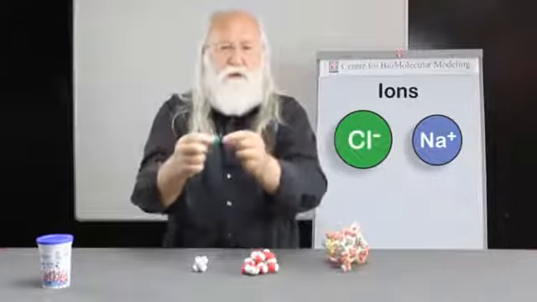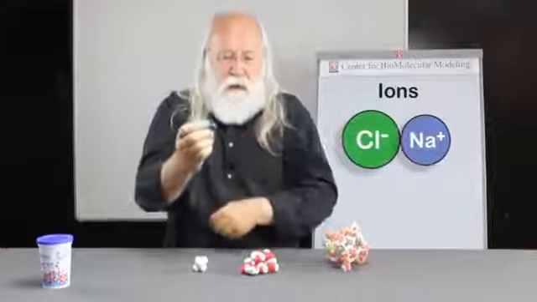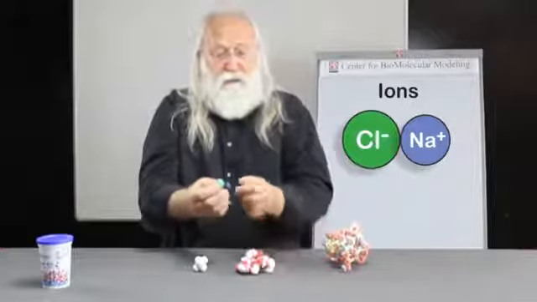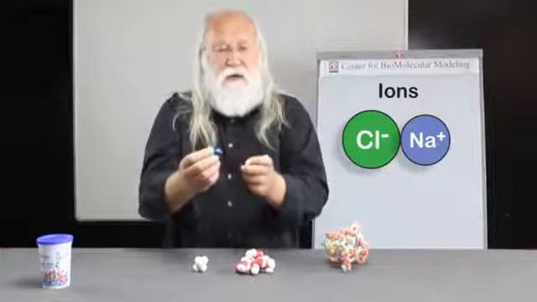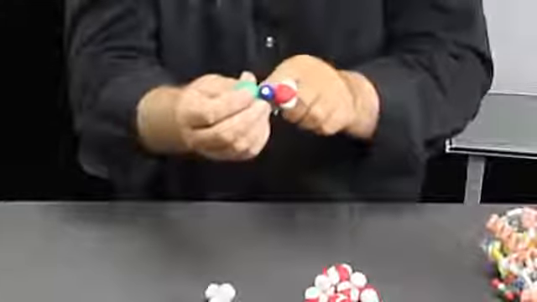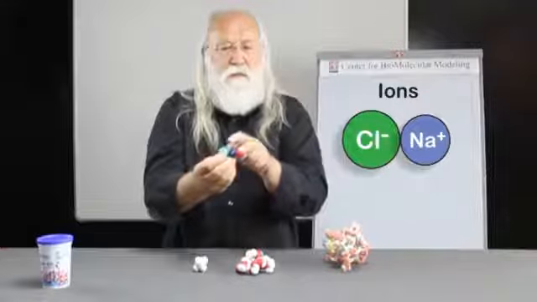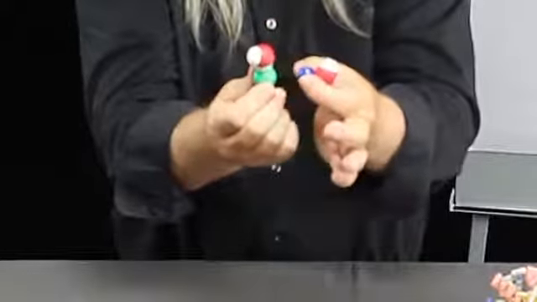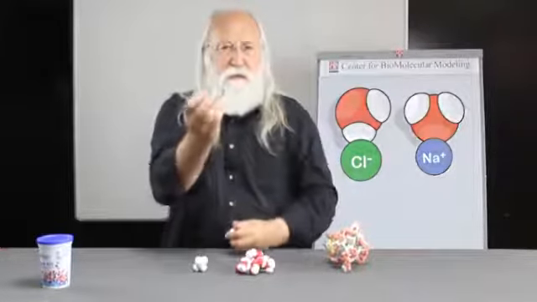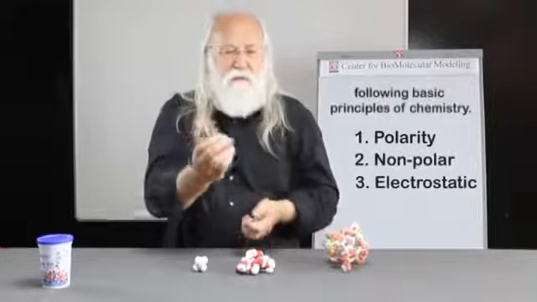So we have sodium chloride, an ion pair, and this is salt, and salt dissolves in water because now this positively charged ion will be hydrated. It will interact with the negatively charged oxygen of water. At the same time, the negatively charged chloride will interact with the partially positively charged hydrogen, and it dissolves these ions away from a lattice of sodium chloride. So this is an electrostatic interaction between these two atoms.